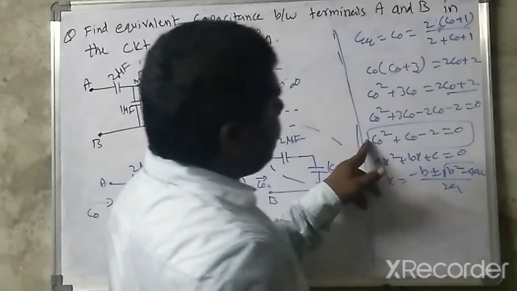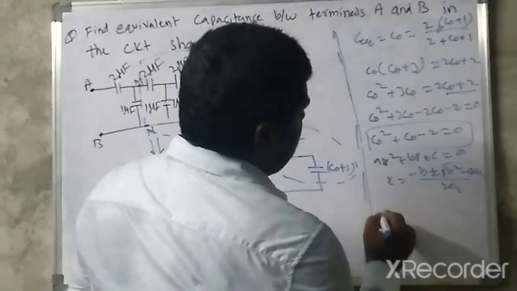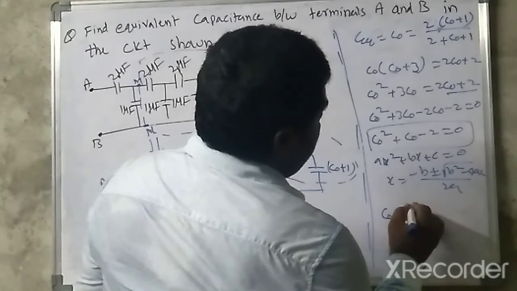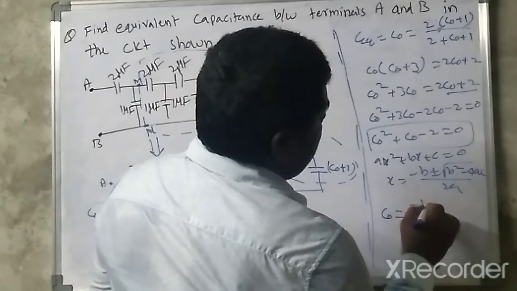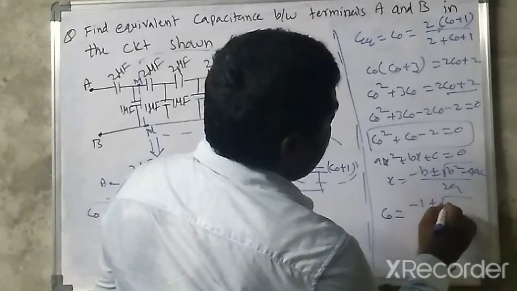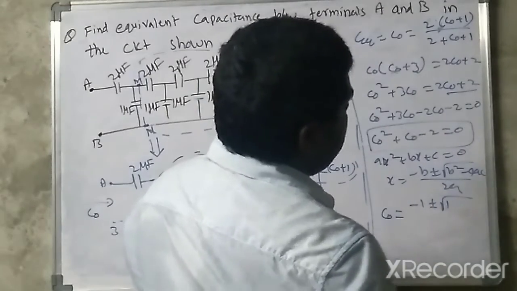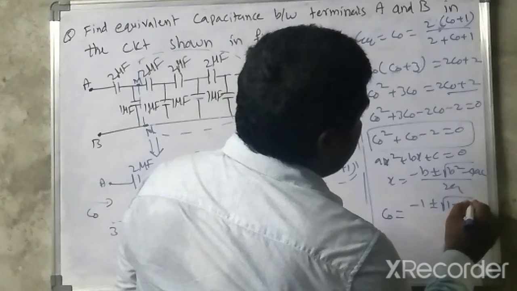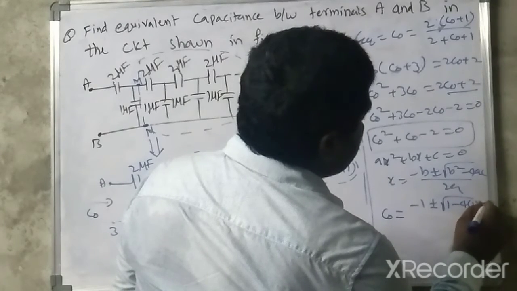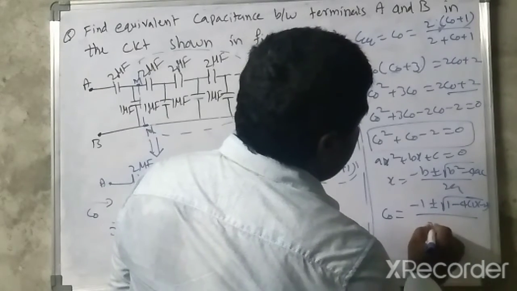Here a is nothing but 1. Here C naught is equal to minus b, where b is nothing but 1, plus or minus under root of b square, that is 1 square, minus 4 into 1 into minus 2, divided by 2.